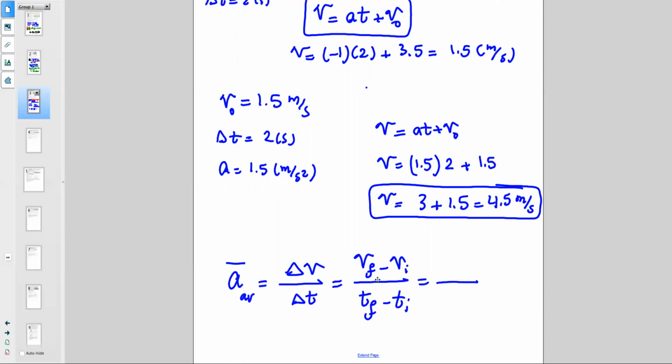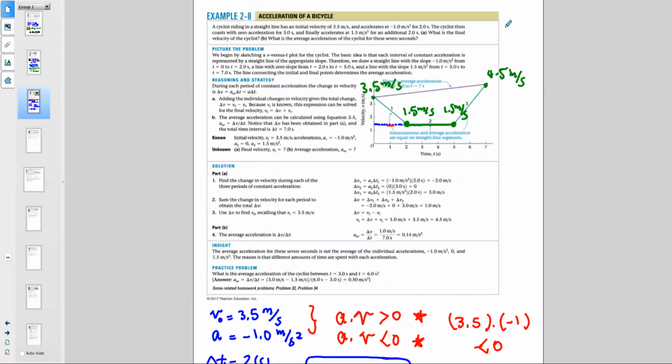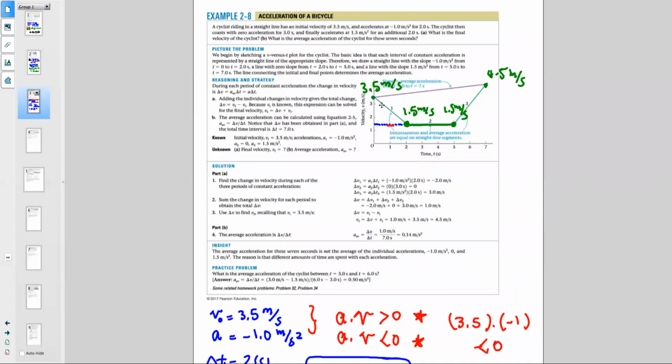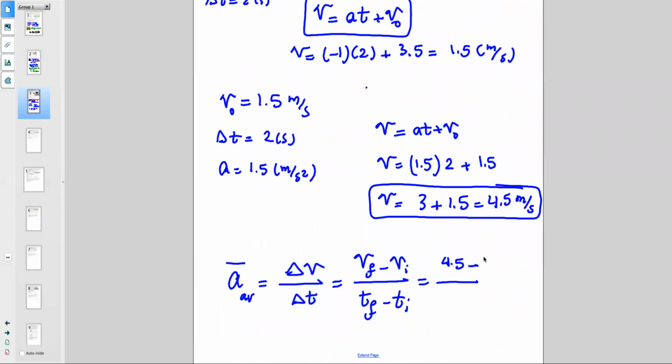What is v final? Let's take a look. V final is 4.5 meters per second, so 4.5 minus v initial. V initial is 3.5, minus 3.5. How many seconds did it take? Okay, 7 minus 0, correct?